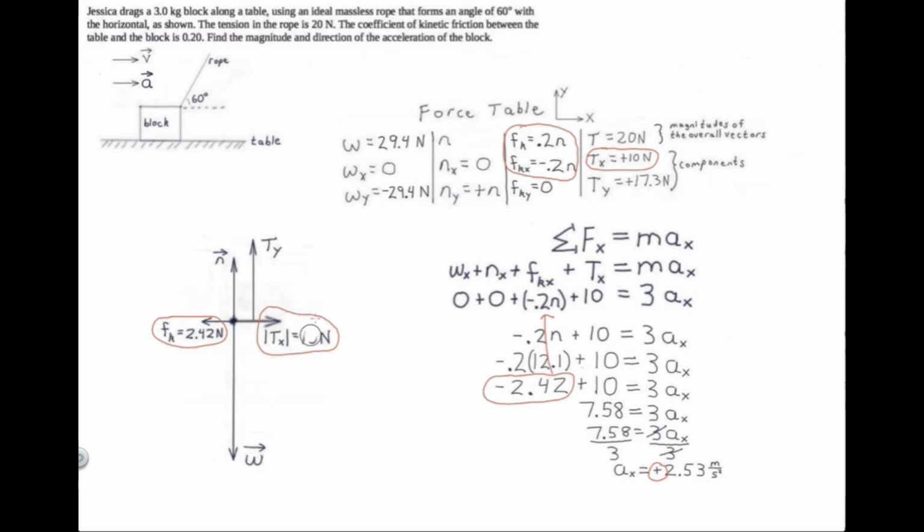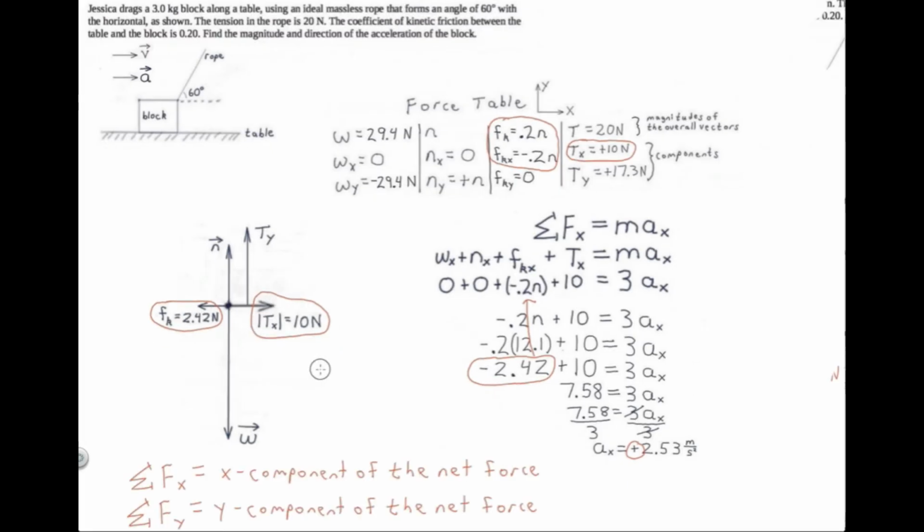In this version of the free body diagram, I've drawn the arrow for T sub x longer than the arrow for the friction force to reflect that relationship. The net force is the sum of all the individual forces. This symbol stands for the x component of the net force, and this symbol stands for the y component of the net force.